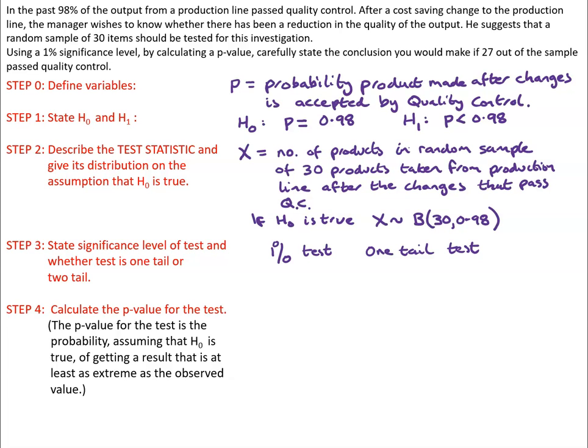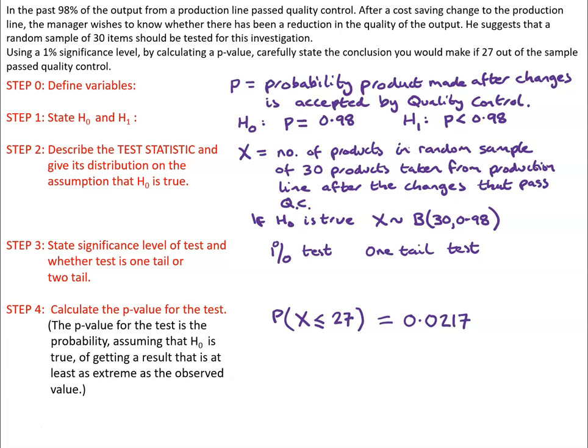And we've got to calculate the p-value for the test, and that is the probability, assuming that H0 is true, of getting a result that is at least as extreme as the observed value. The observed value was 27. We're worried about whether X is going to be less than or equal to 27. The probability that X is less than or equal to 27, using our calculator, is very easy to work out.